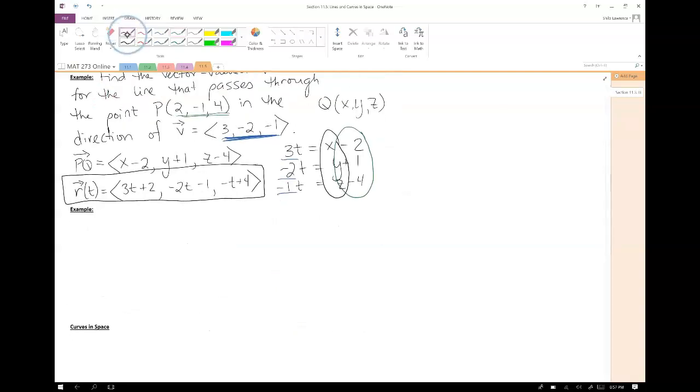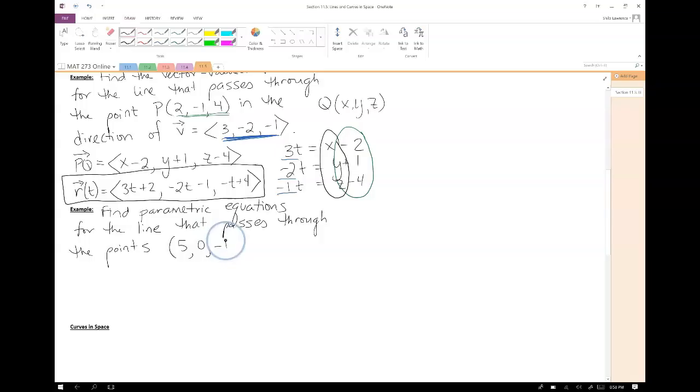Let's try another one. This one's a little bit different. We are going to find parametric equations for the line that passes through the points 5, 0, -1, and 2, 3, 0. So we're given different information this time, but it's still enough information to figure out the parametric equations for the line.